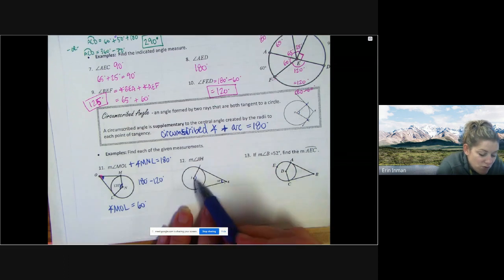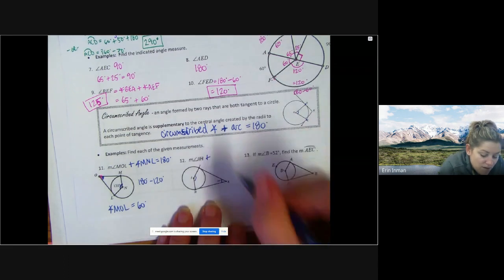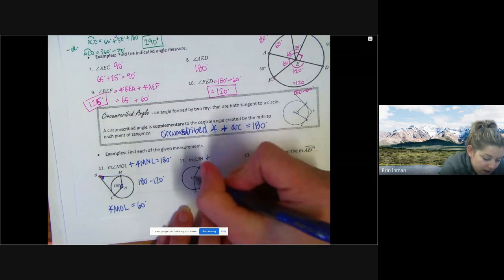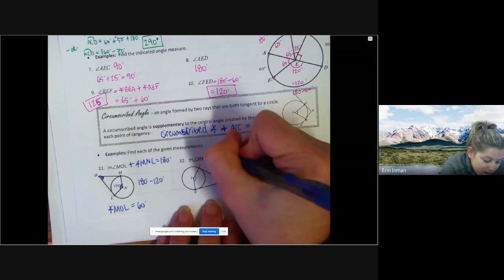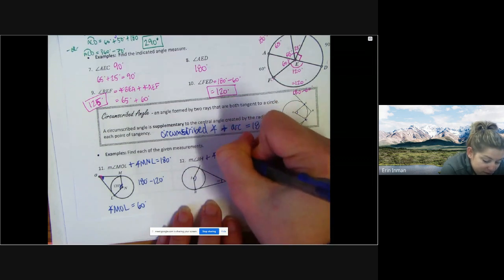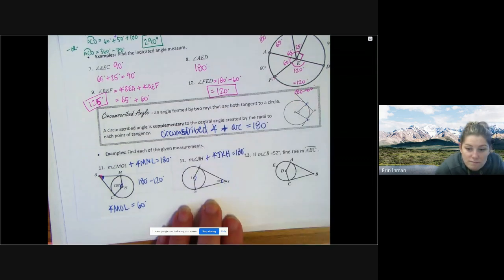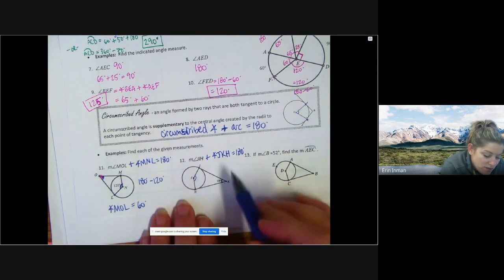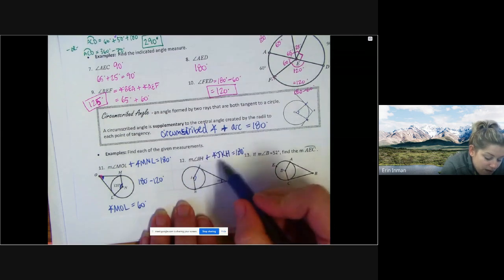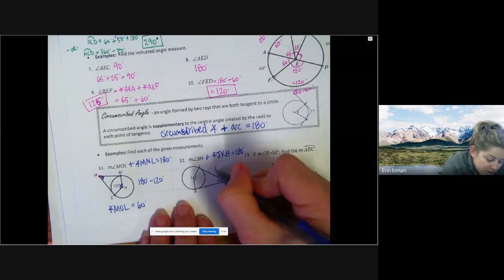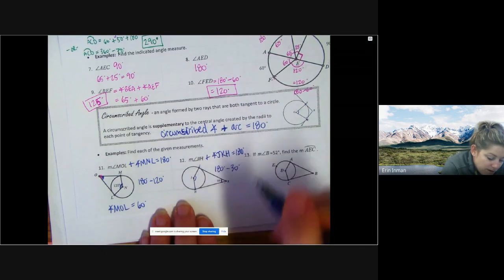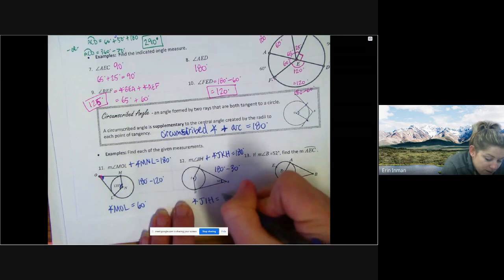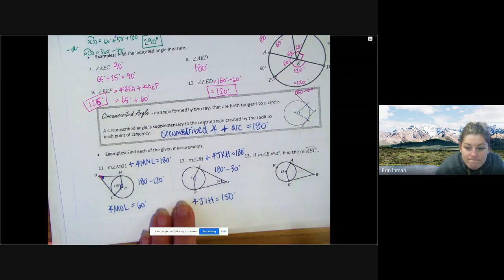So the central angle plus our circumscribed angle, JIH plus the measure of JKH, is going to equal 180 degrees. When we subtract JKH, which is 30, so it's 180 degrees minus my 30 degrees, we now know that the measure of JIH is 150 degrees.